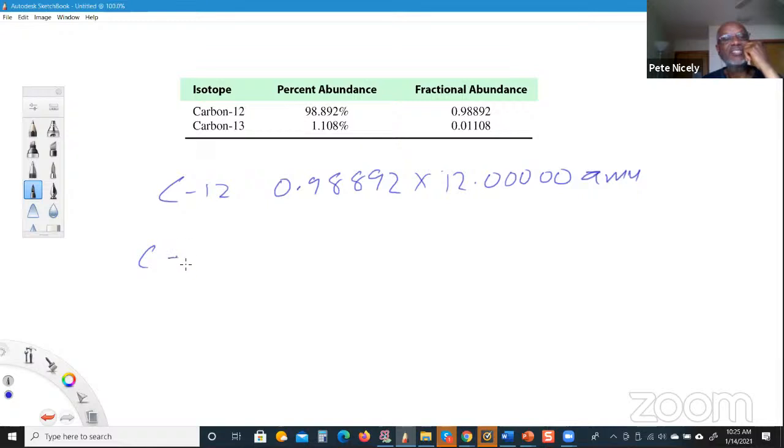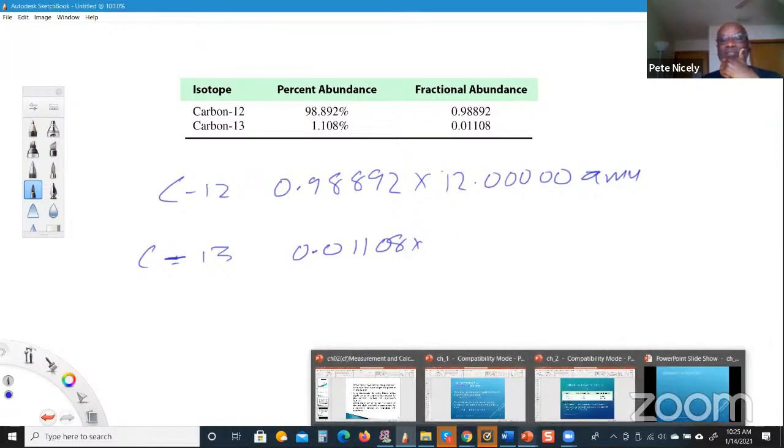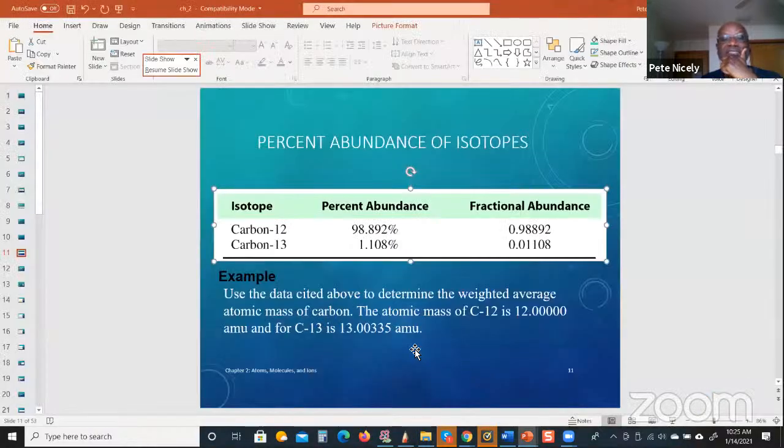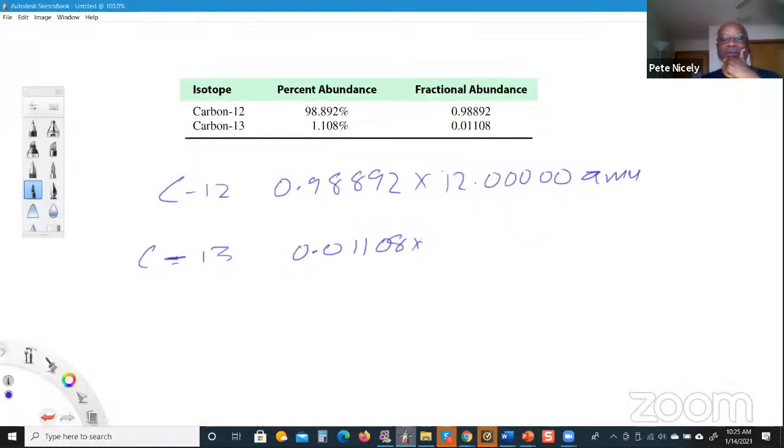And then I'll do a similar calculation for carbon 13. So for carbon 13, that would be 0.01108 multiplied by the atomic mass for carbon 13, which is 13.00335 AMU.